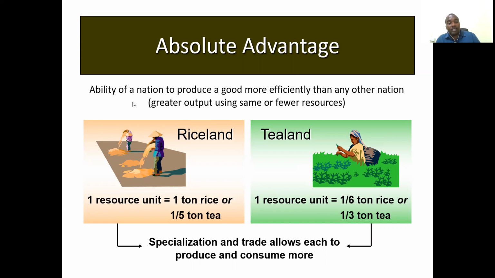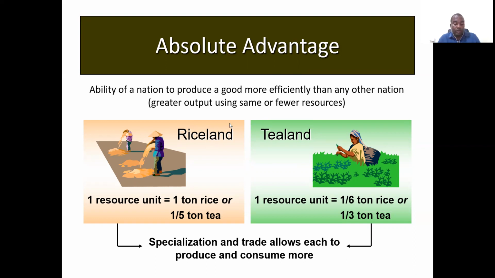There's the absolute advantage theory, which was propounded by Sir Adam Smith. It is the ability of a nation to produce a good more efficiently than any other nation: greater output using the same or fewer resources. But there is no notion of one country comparing itself to another country.